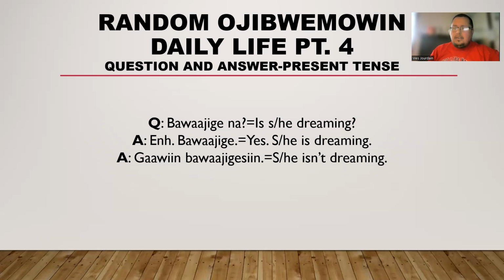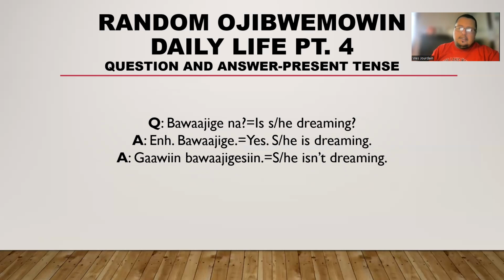I use ganabaj in there because some of these we don't know. If someone asks you and that person has never told you if they're doing any of these actions, then you can use ganabaj. Ganabaj bawaajige. Perhaps she or he is dreaming. Ganabaj gawin bawaajigesin.